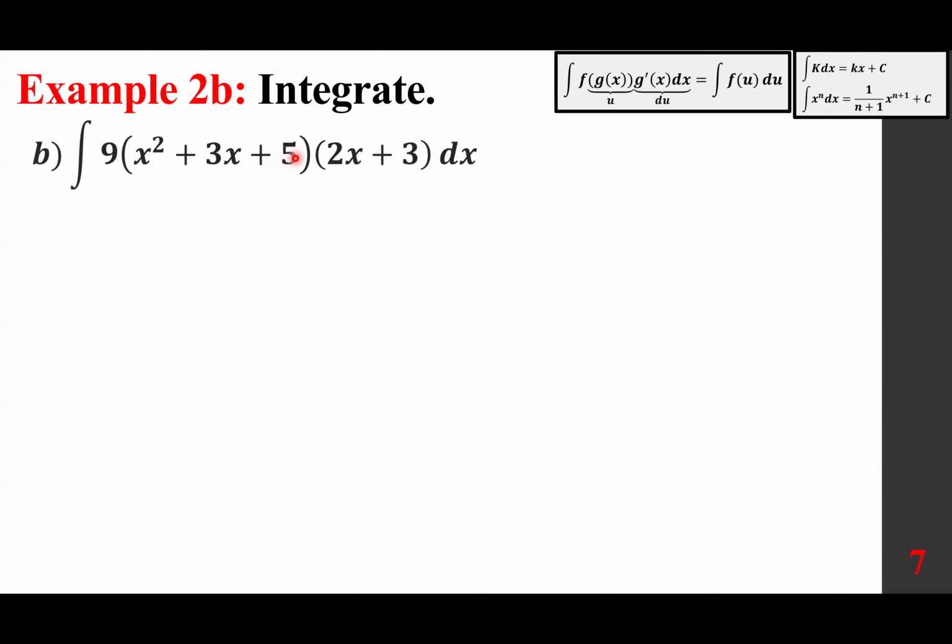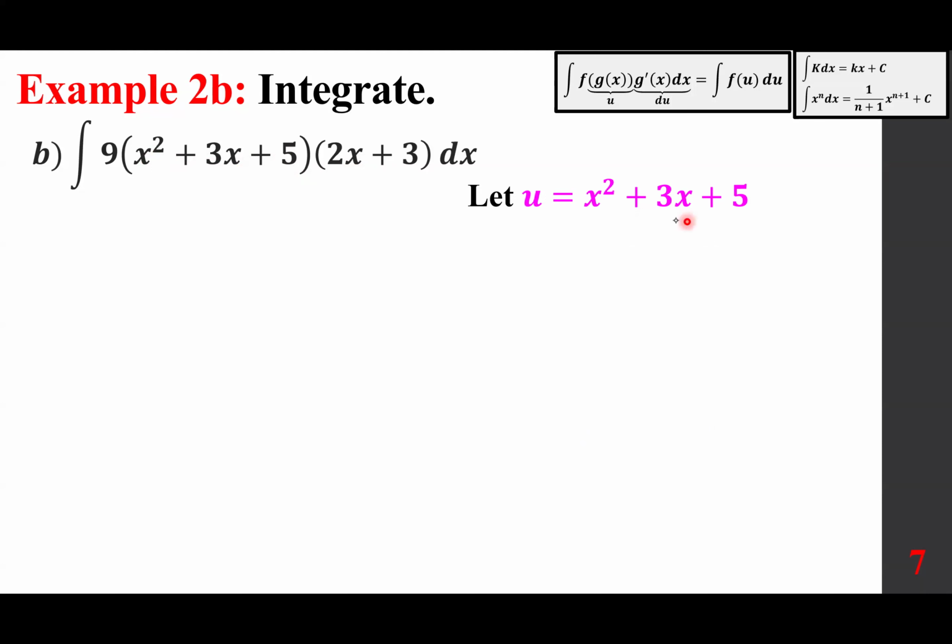Same thing here. Notice you're dealing with a couple of polynomials. This is more complicated. That's the choice of u, and therefore we write u is x squared plus 3x plus 5.